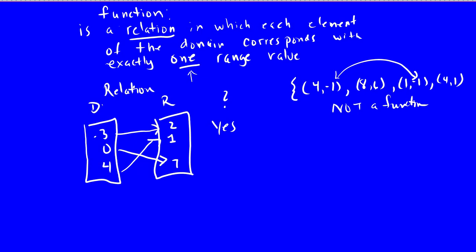Let's look at another way to determine a function on a graph. Another way to look at a relation and determine whether that relation is a function is to use what is called the vertical line test.